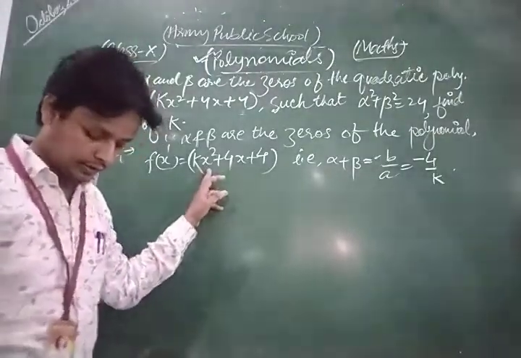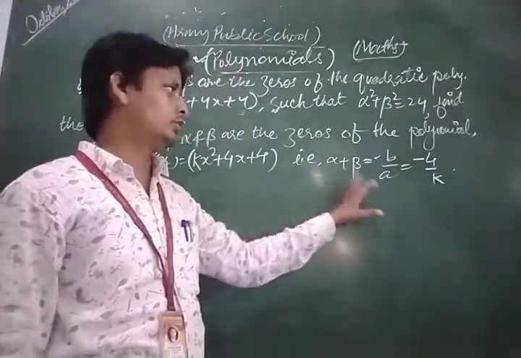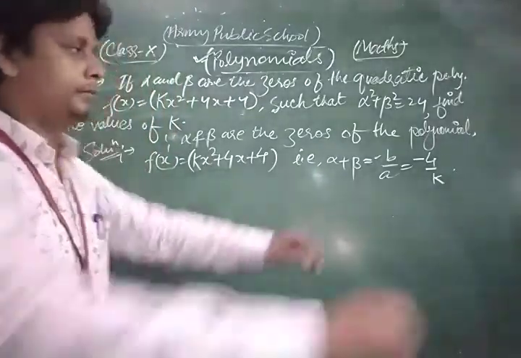So alpha plus beta is equal to minus b upon a is equal to minus 4 upon k.